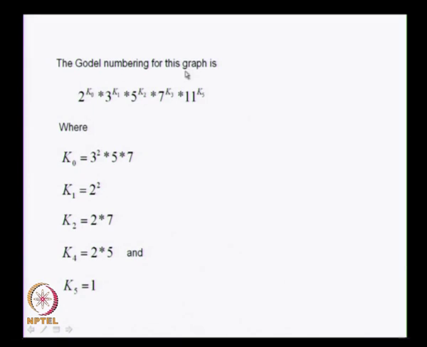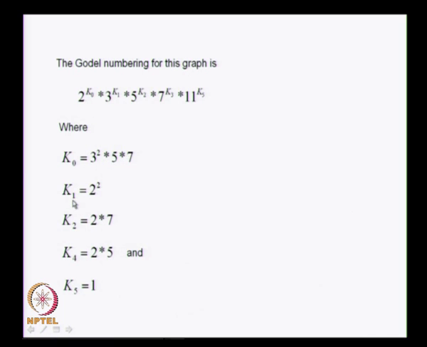So, the Gödel numbering for this graph will be 2 power k0, 3 power k1, 5 power k2, 7 power k3, 11 power k4, where 11 is an isolated node. So, k4 will be 1. 2 is connected to 3 by 2 edges, it is connected to 5 and 7 by 1 edge. So, k0 will be 3 power 2 multiplied by 5 multiplied by 7.